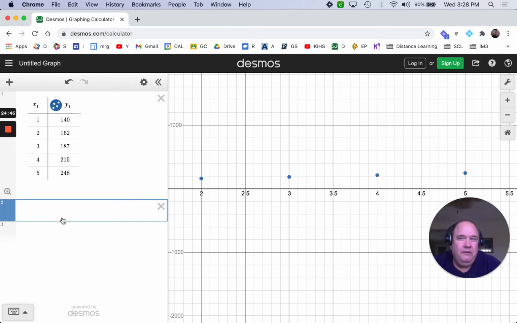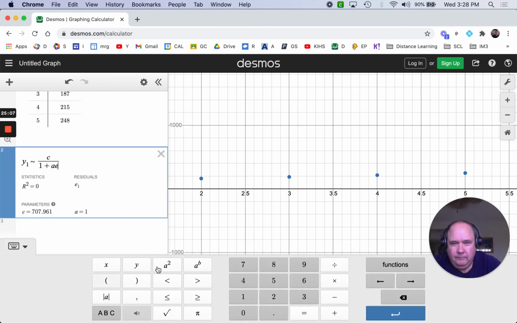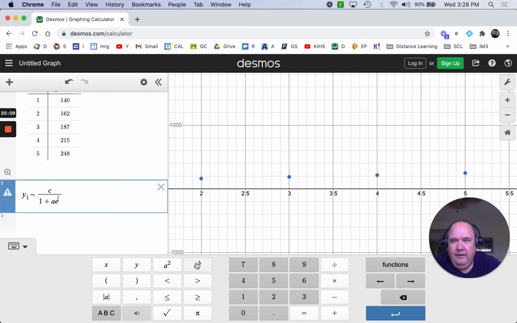So if we use a logistic growth model, again, it's going to be y1 and then similar, do a fraction. I'm just following the page. So I'm following the model of a logistic, which is c over 1 plus a e to the exponent negative b x1.